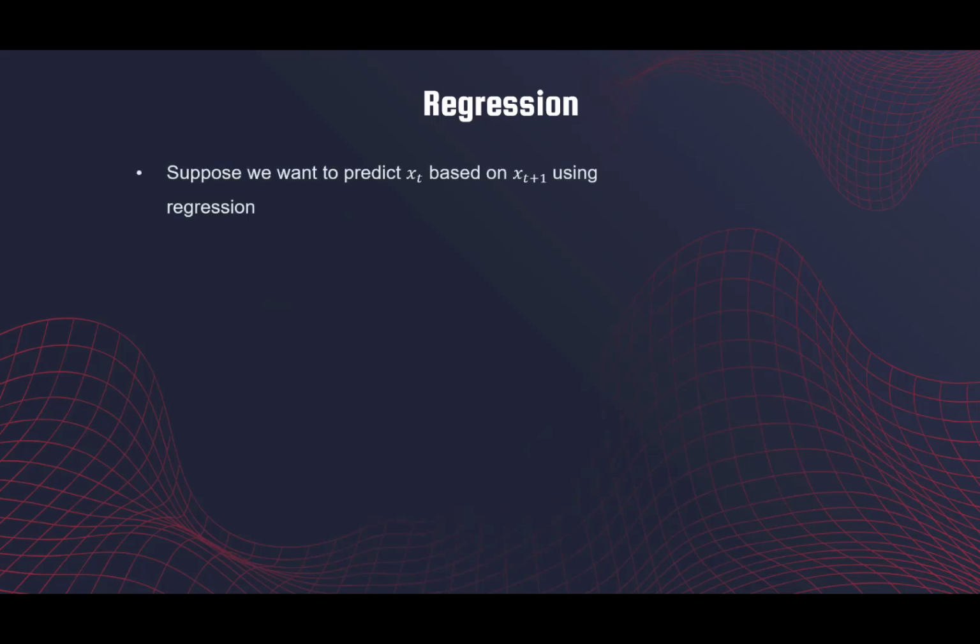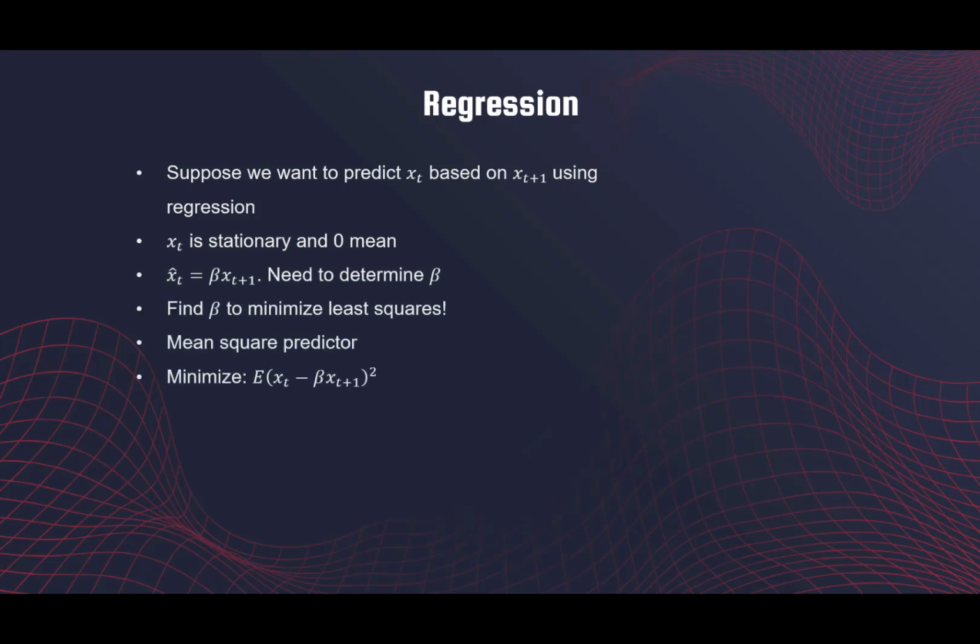Now suppose we want to do the opposite, that is, we want to predict x_t based on x_{t+1}. Now I know you might think, why would we ever want to predict a current value based on a future value? But you'll see why we're looking at this later on in the video. Again, x_t is stationary with 0 mean, and we want to find the beta that minimizes this prediction error.